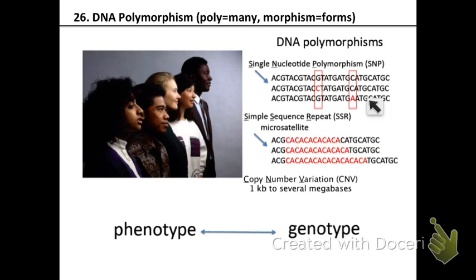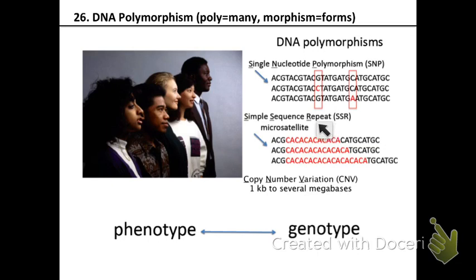We call these DNA polymorphisms. Poly means many, morphisms means form. So DNA polymorphisms can come in different flavors. One is called single nucleotide polymorphism, the difference at one nucleotide locus.